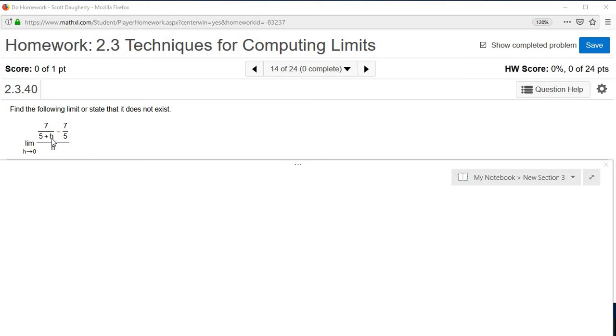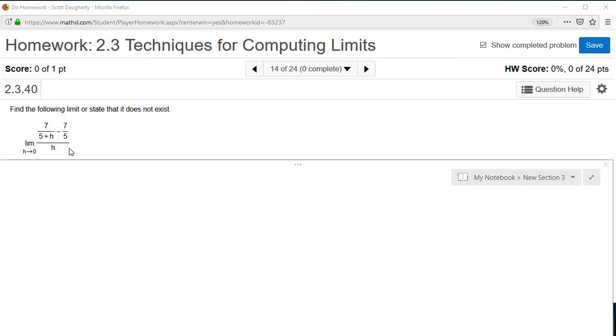And when you do that, you can see that you get 7/5 for this piece right here. What that indicates is that as h is getting closer to 0, this is going to get closer and closer to 7/5. So if you have a number here that's really close to 7/5, and then you subtract 7/5 from it, you're getting a number on top that's getting closer and closer to 0.